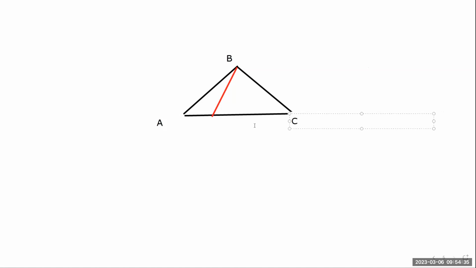Now, if I want to do something with triangle ABD, ABD as in David, this is my triangle, this little one sitting, leaning on itself. It has a common side with CDB.